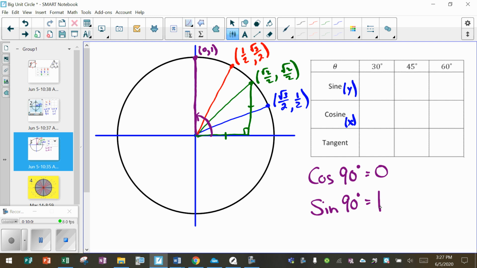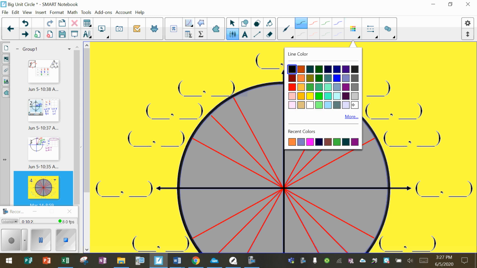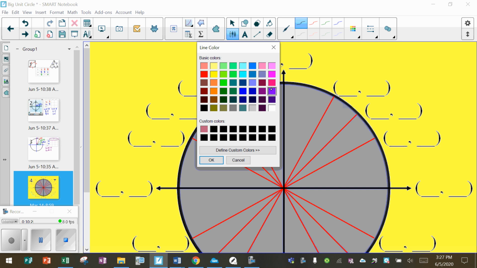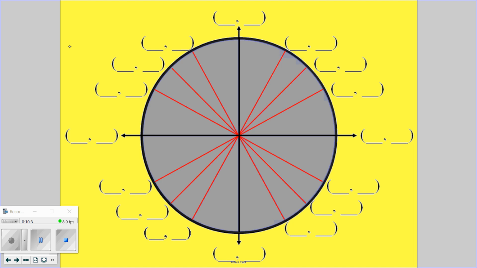Now some fun and cool things happen as we go around the circle and stick with our multiples of 30 and 45. As we go around the circle, we first had our 30-degree angle, which had a y-coordinate of 1/2 and an x-coordinate of radical 3 over 2.